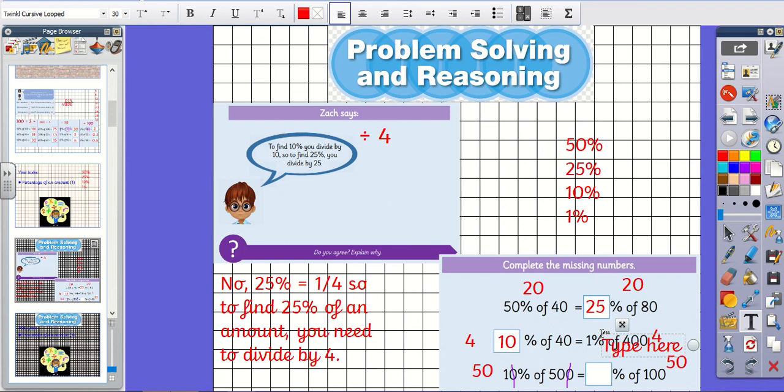So my percentage is going to be 50%. So always use your knowledge, we are only going to be using these 4 fractions, these 4 decimals. Oh my goodness me, Monday morning, these 4 percentages today. So always think back, divide by 2, divide by 4, divide by 10, divide by 100.